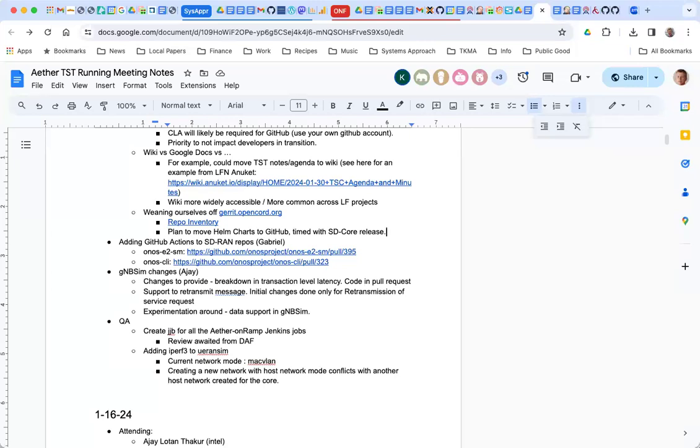All right. But this will be useful for the SD-Core release, right? Yeah. So if the basic initial experimentation is complete, I think it should be very much straightforward. We know what we should be doing in the code within the gNodeB sim. The current challenge is that we don't have the right packages within Golang that we can use.